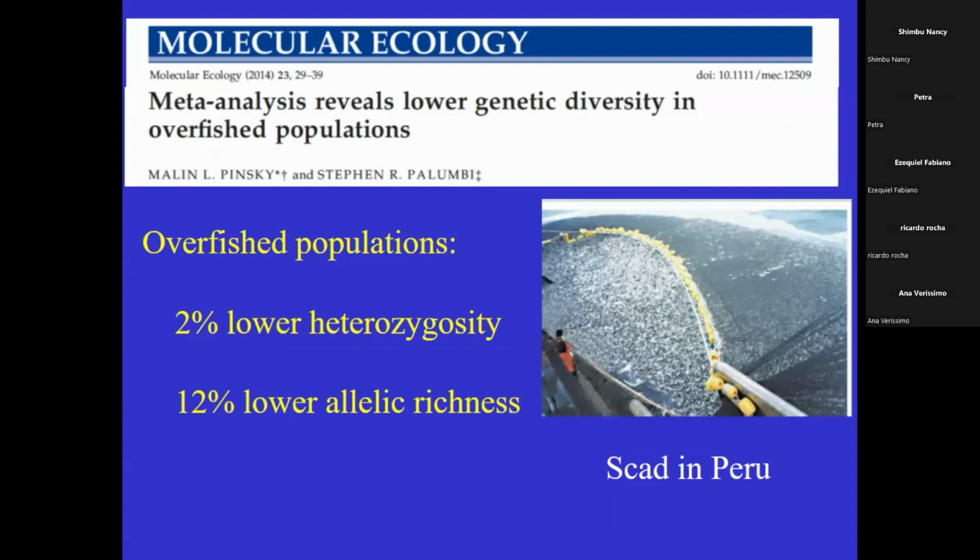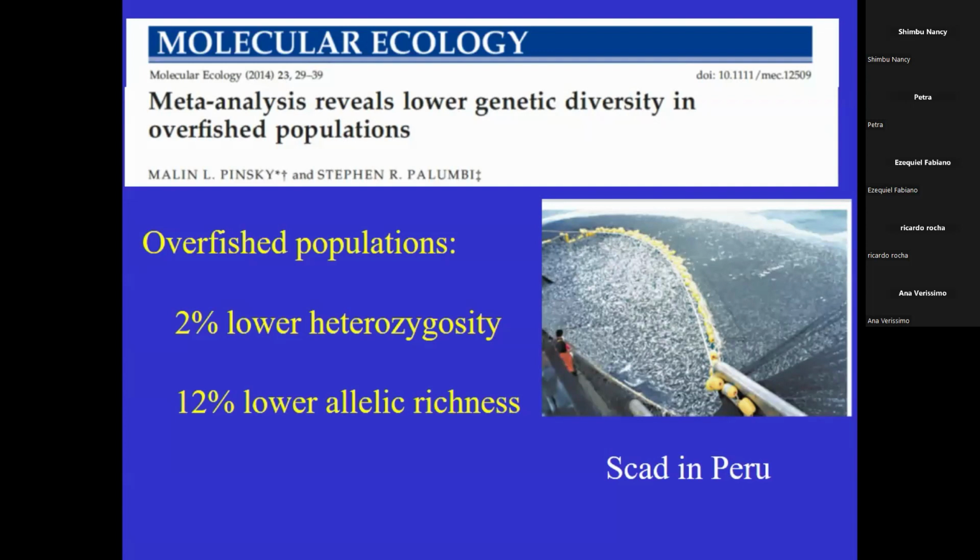They found that overfished populations, on average within the same species, had 2% lower heterozygosity, which doesn't sound like much, but that's equivalent to, remember, you lose 1/2N. So that's equivalent to an NE of 25. 1/50 is 2%. So there's evidence of bottleneck in overfished populations in heterozygosity, but allelic richness was much greater.